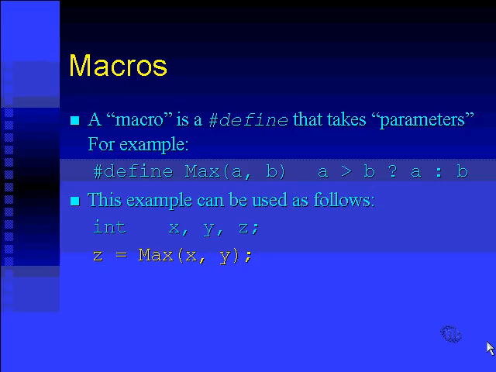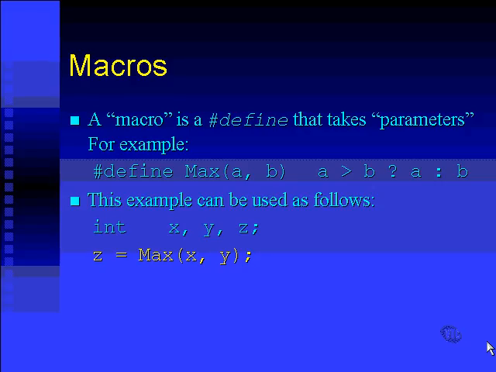Now, if at the top of that particular .c file you had the following hash define that you can see on the screen, what would happen would be that entire line of code after the equal sign but before the semicolon, in other words, max(x, y), will get substituted with a is greater than b, question mark a colon b.